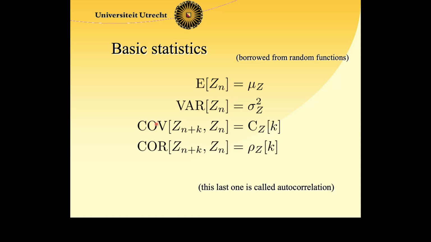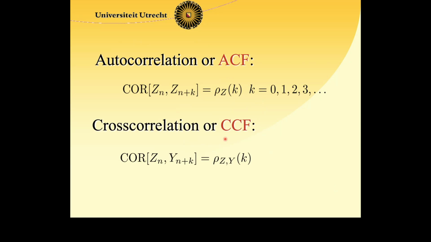And of course, if we take the covariance and divide it by the variance, we get the correlation function. Because this is the correlation between Z and itself, K time steps removed, this is called the autocorrelation. So we can have an autocorrelation function, which gives me the correlation between Z and itself, K time steps removed.